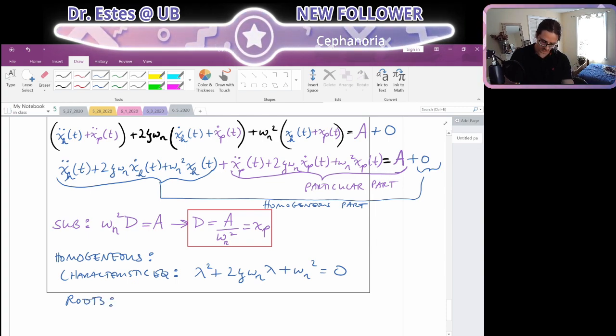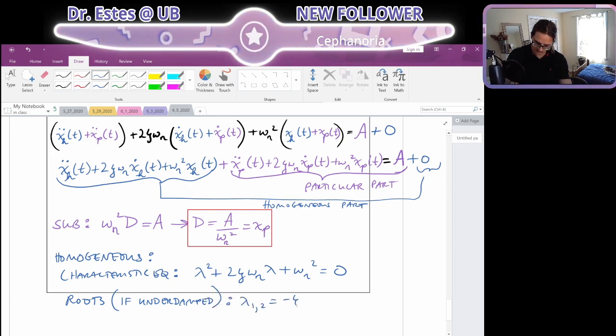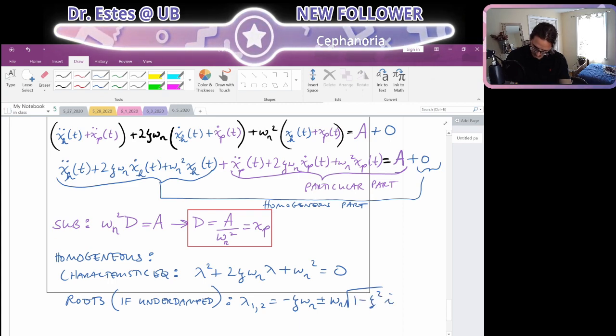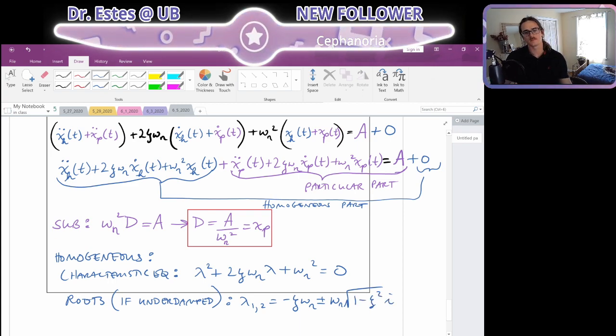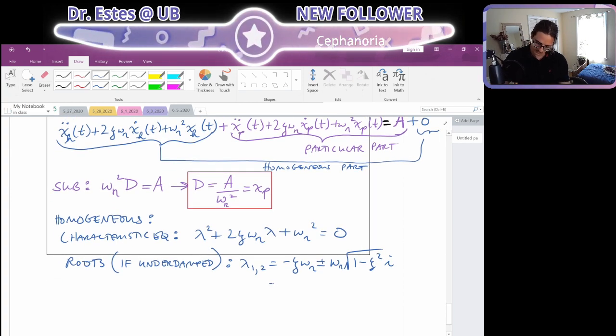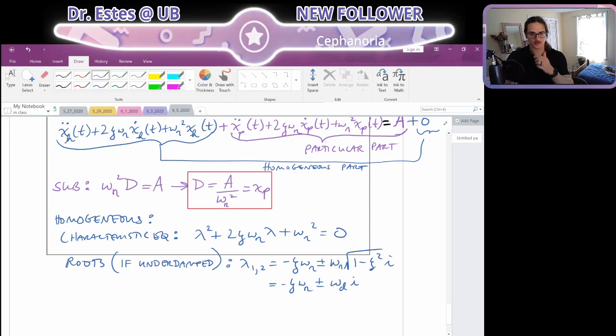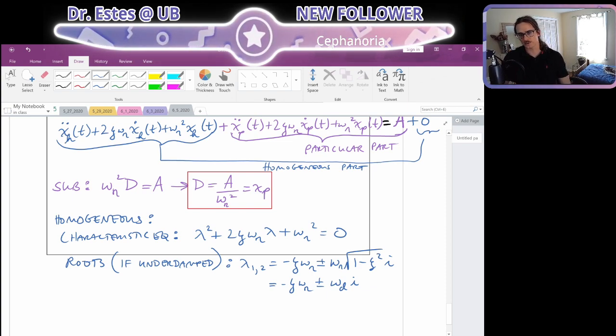And the roots, if the system is underdamped, these are going to be your two roots. And we can make this a little easier if we just substitute the damped natural frequency in there.